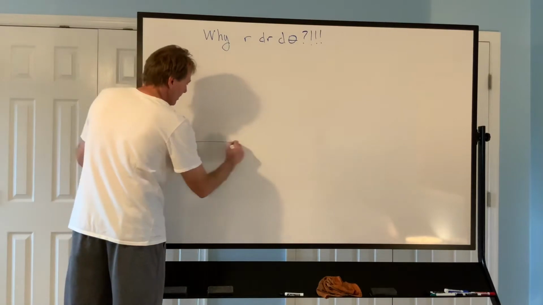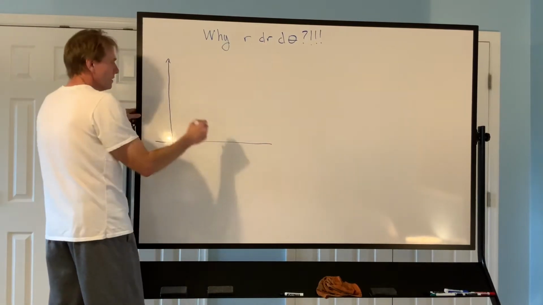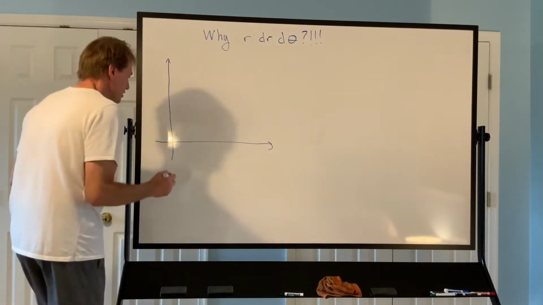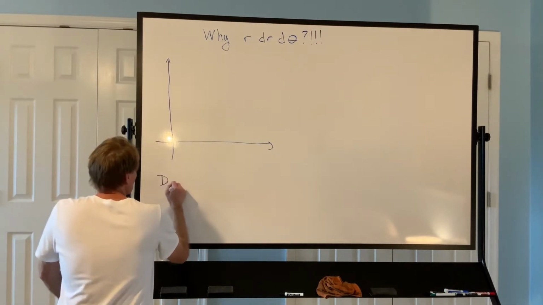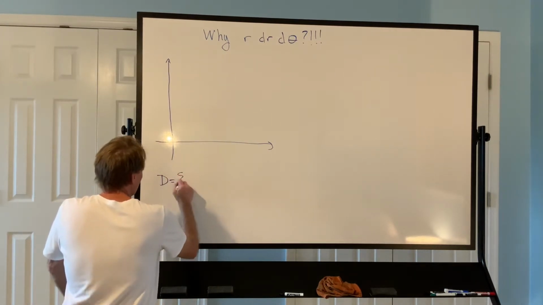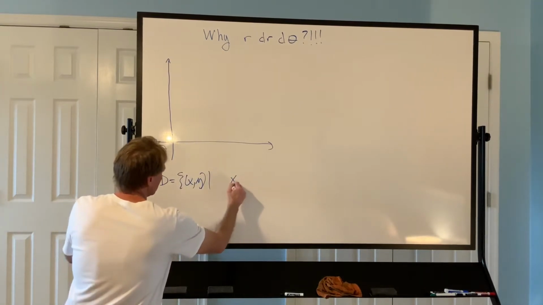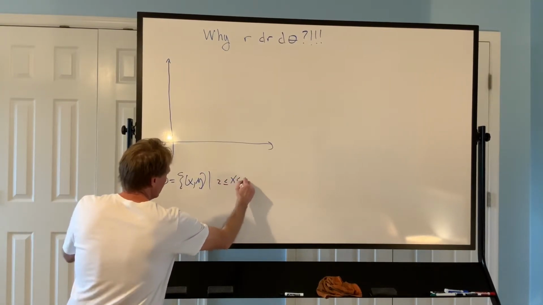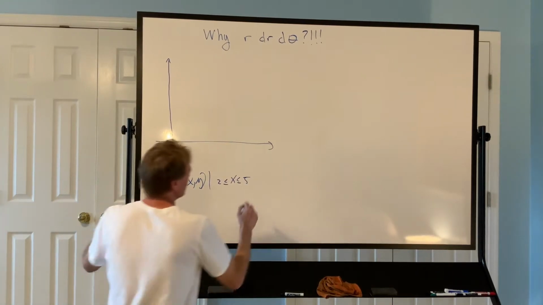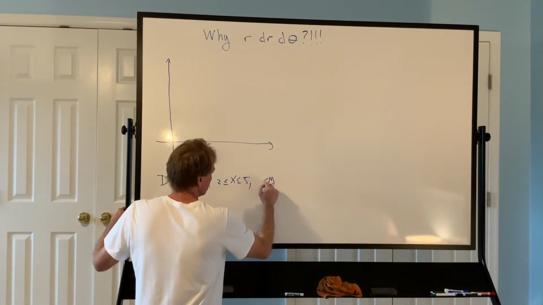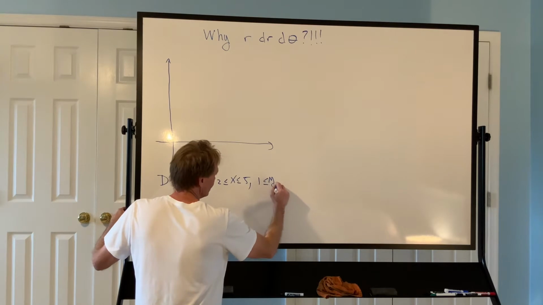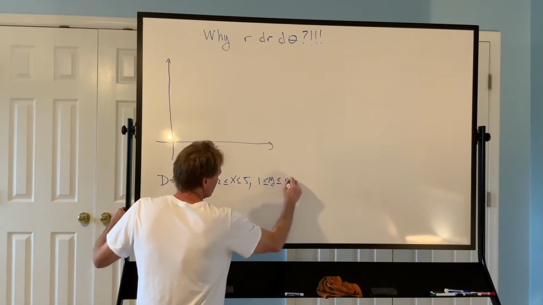Imagine that we're trying to set up a domain in our Cartesian form, and our domain is just this. Maybe it's the set of all x, y, and guys, I'm not going to be clever, such that x is running between 2 and 5, and y is running between 1 and 4.